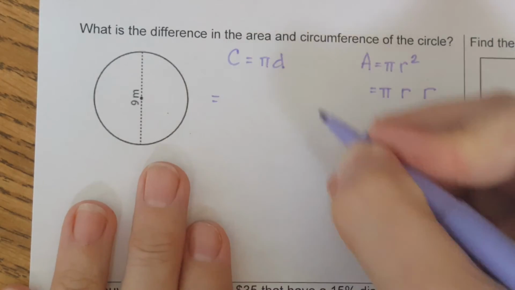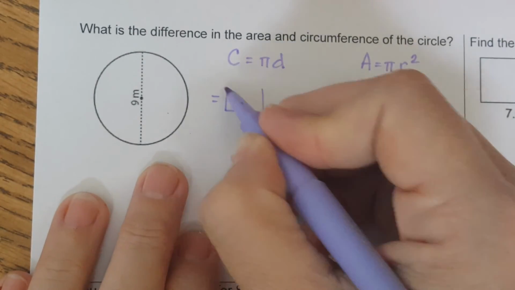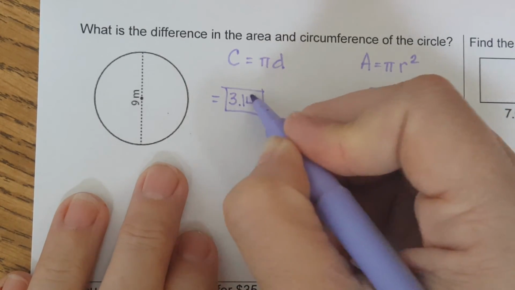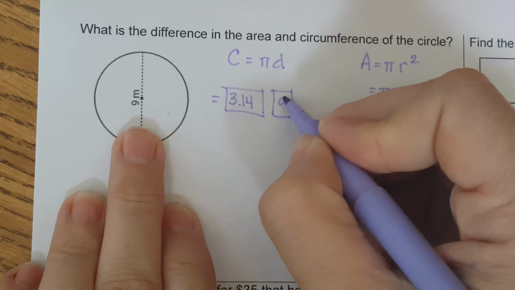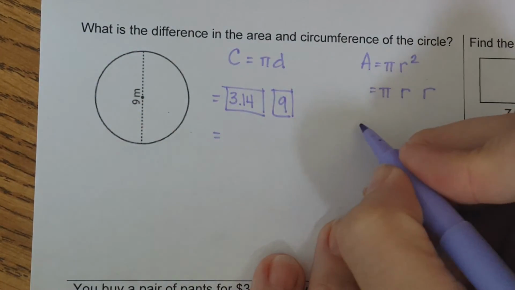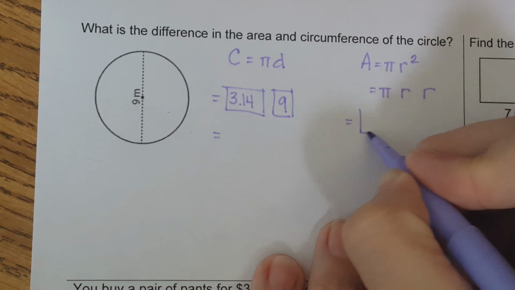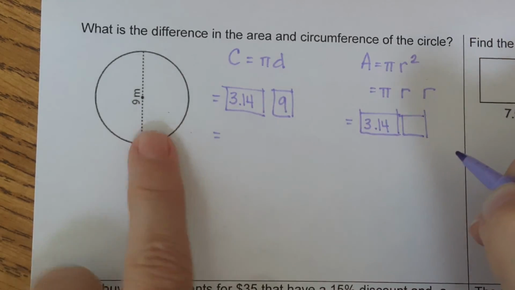Okay, so circumference is going to be pretty easy. Instead of pi, we're going to use 3.14. And diameter is 9. So we do that multiplication, we'll be finished there. And then over here, we're going to put 3.14 for pi, and the radius is half of the diameter.